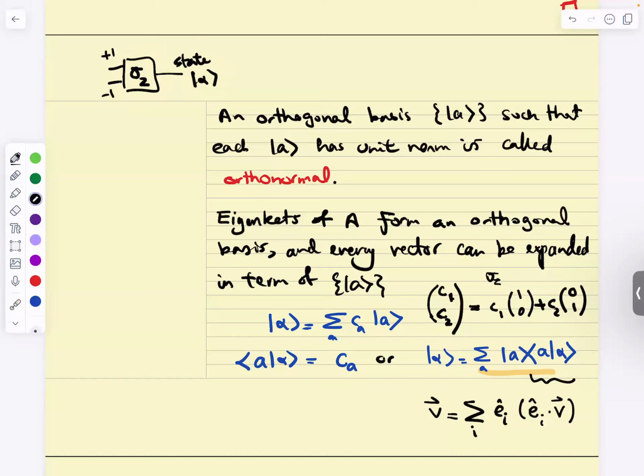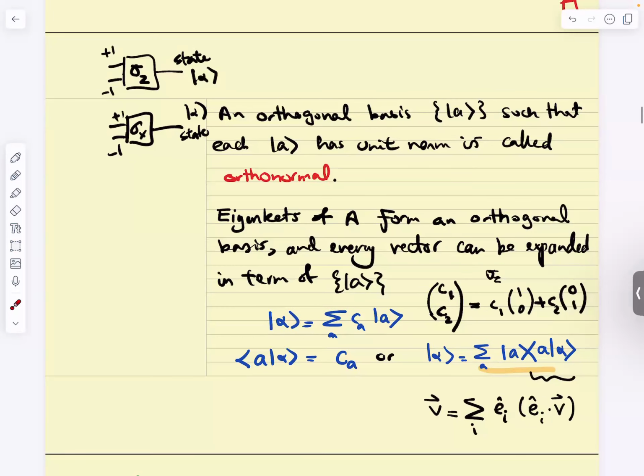If I replace my observable by sigma x and measure the same state, now I have to take this guy in the orthonormal basis of sigma x and expand this, right? So these two are inequivalent things. They're not the same thing. Good. I'm going to explain that in a second.